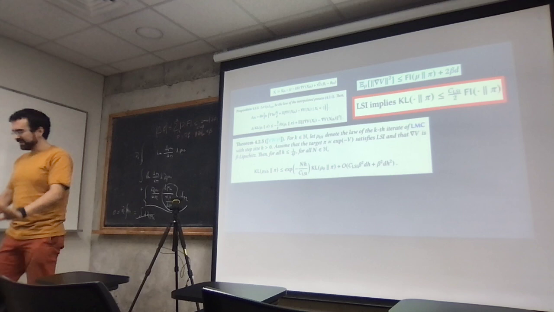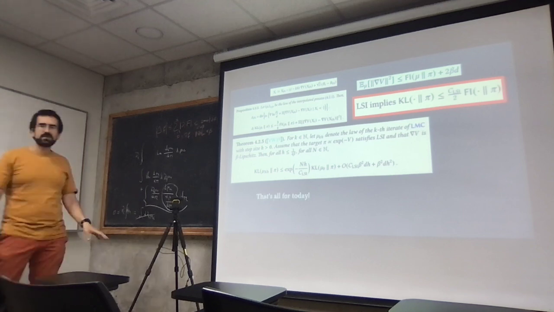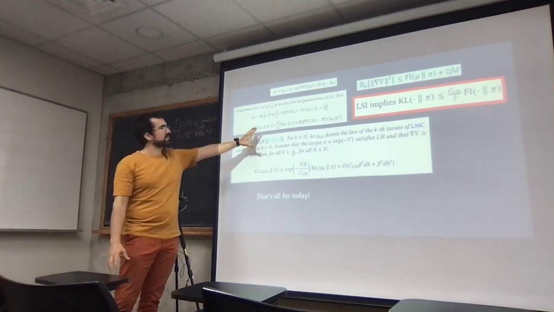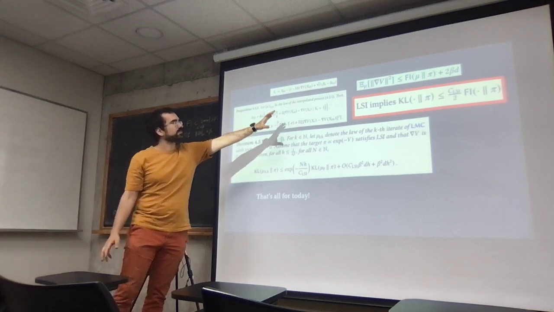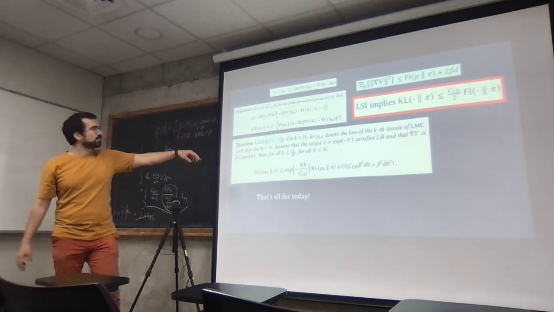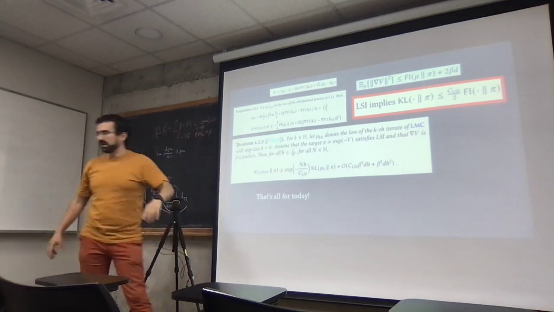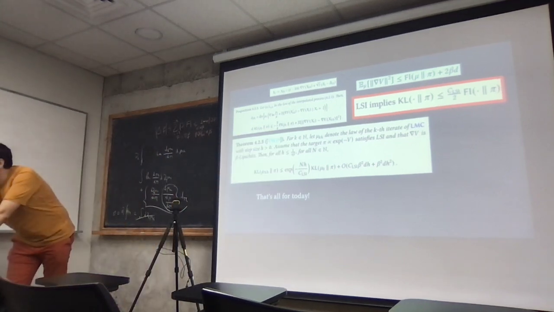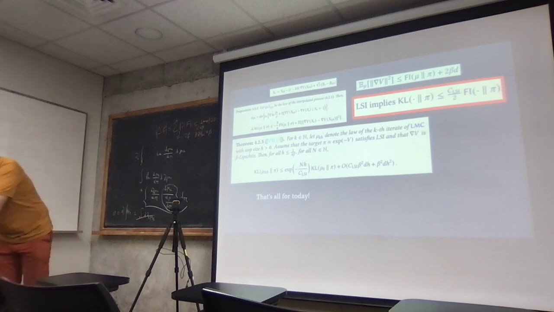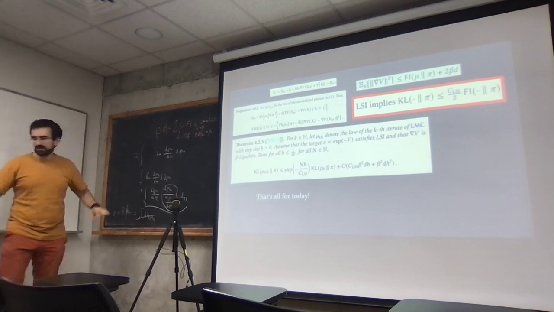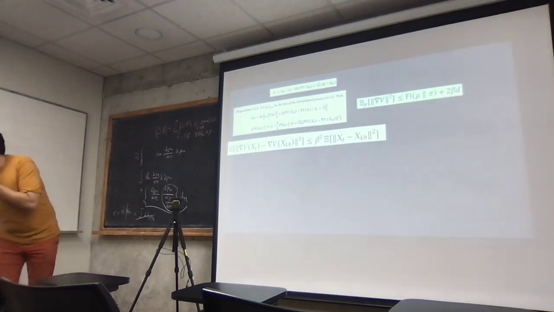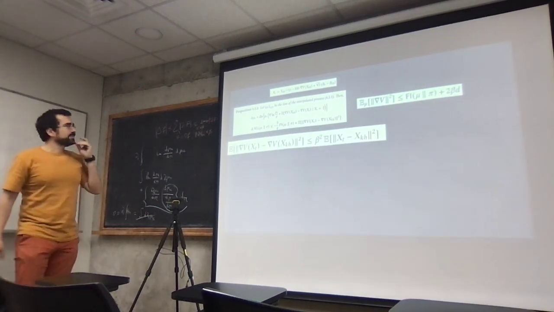If you are willing to think by yourself, you can take these ingredients and you will not have much trouble plugging them in to get a bound of dt KL by itself. Because here I have E of square, and here I can use this to bound it by a Fisher information, and then I have minus Fisher information, which I bound by minus KL. So I get a bound of KL by itself, and you could believe it and forget about it. But instead, let's do it step by step.